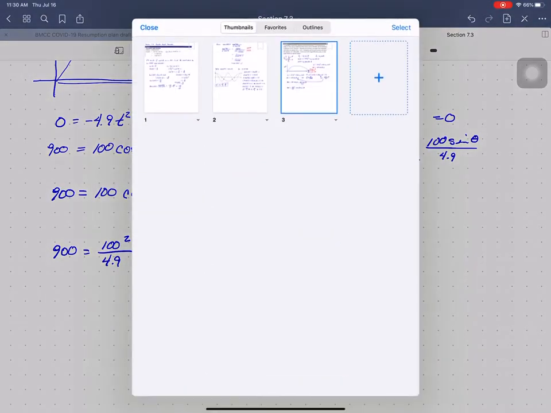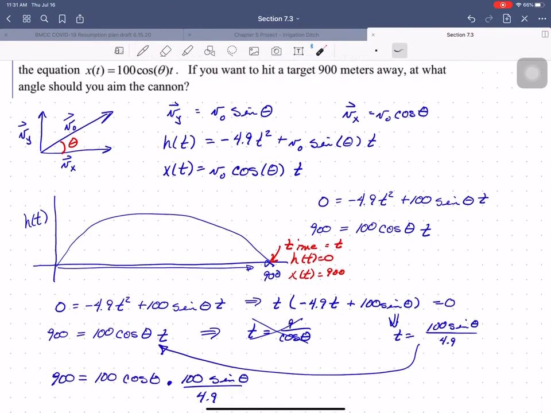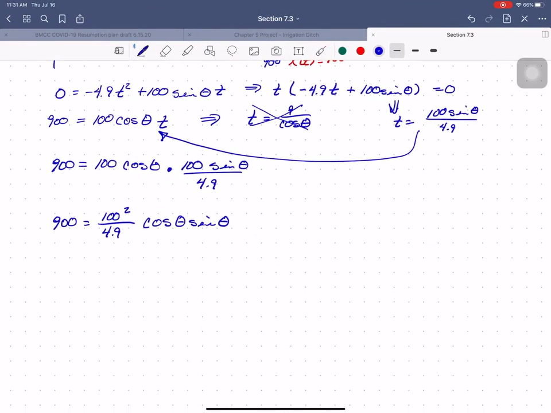But I remember my double angle formulas tell me that cosine times sine is related to sine 2 theta. Because I know that sine 2 theta would equal 2 sine theta cosine theta, that means that sine theta cosine theta is equal to 1/2 sine 2 theta.